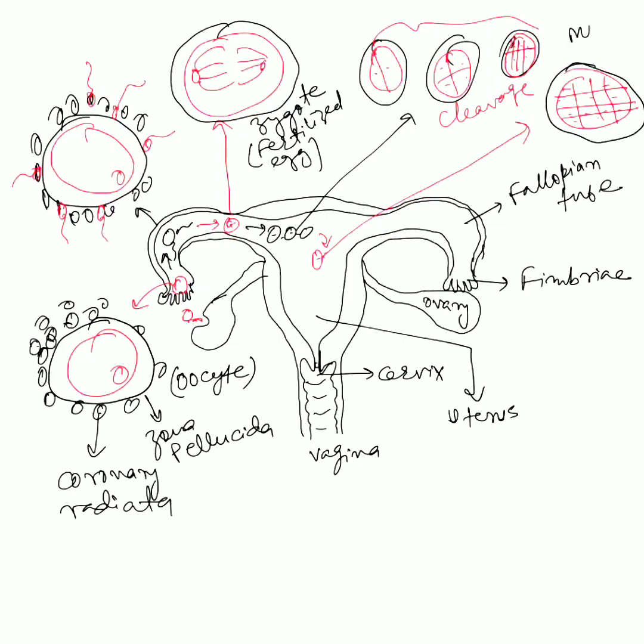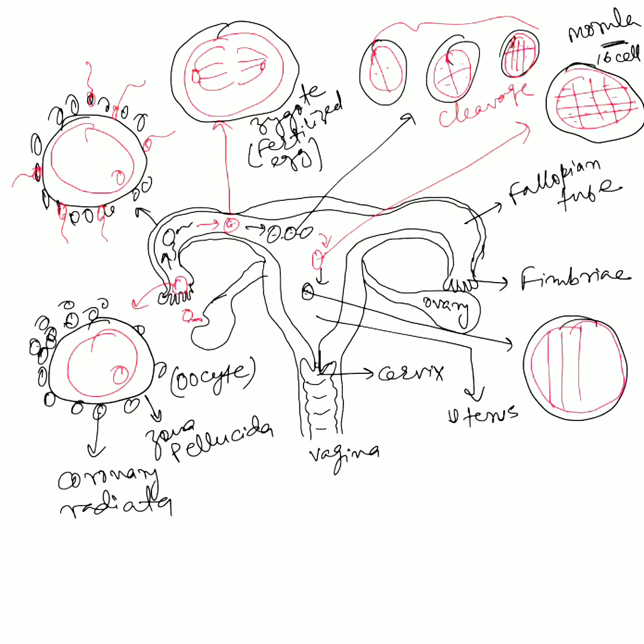This structure is known as the morula, 16 cell. Then the morula again divides to form a 32 cell structure, which is known as the blastocyst, 32 cell. Let's talk briefly.